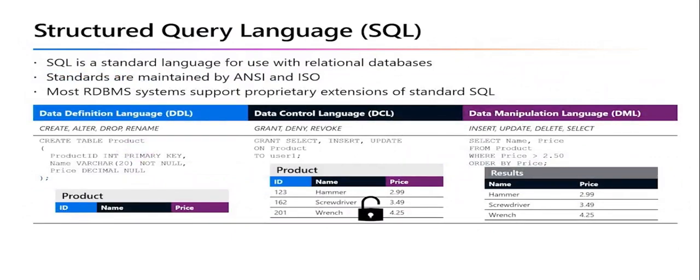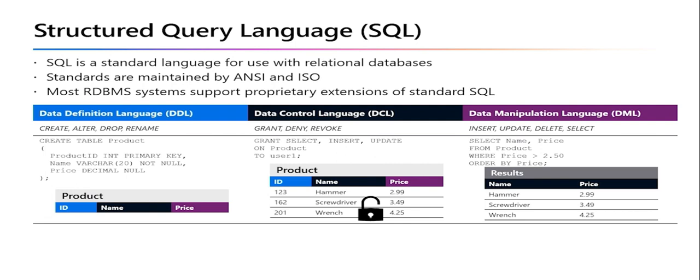SQL is a standard language for working with relational databases, with syntax standards that are maintained by the American National Standards Institute, ANSI, and International Standards Organization, ISO. Most relational database system vendors extend the standard language with some proprietary syntax.